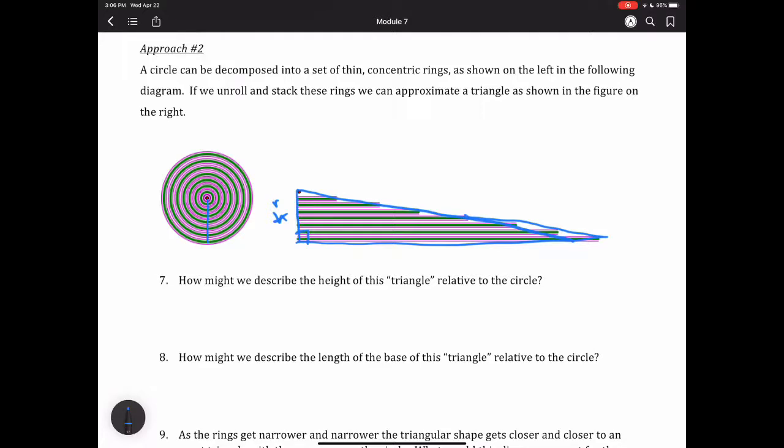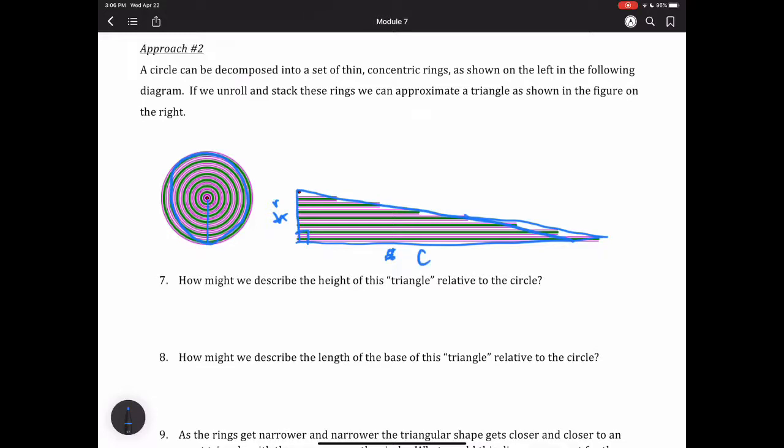Now, how about the length of the triangle down here on the bottom? Well, if you think about that, that was the longest concentric ring, right? Which is actually going to be the circumference. So rather than L, I'm going to call that the circumference of the circle.